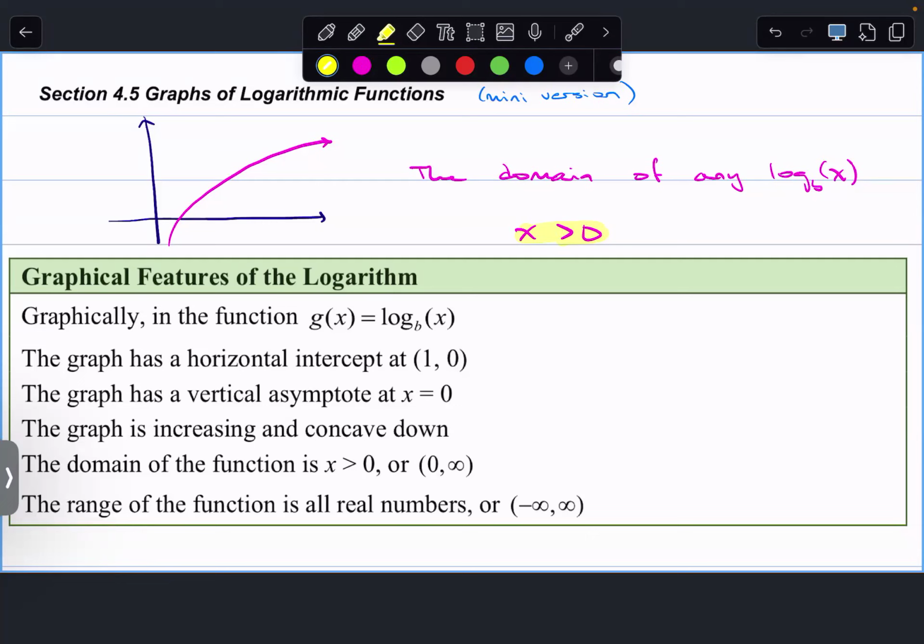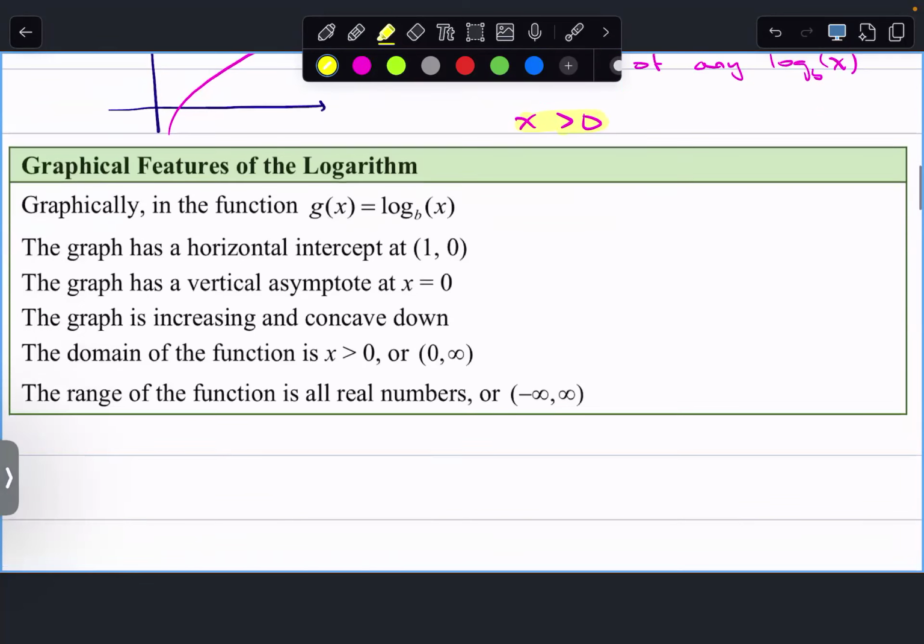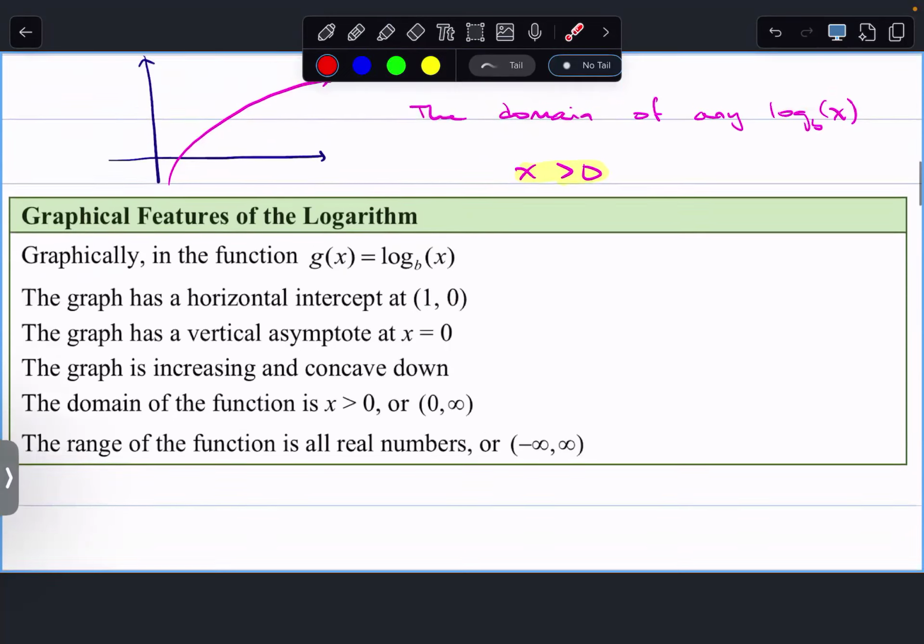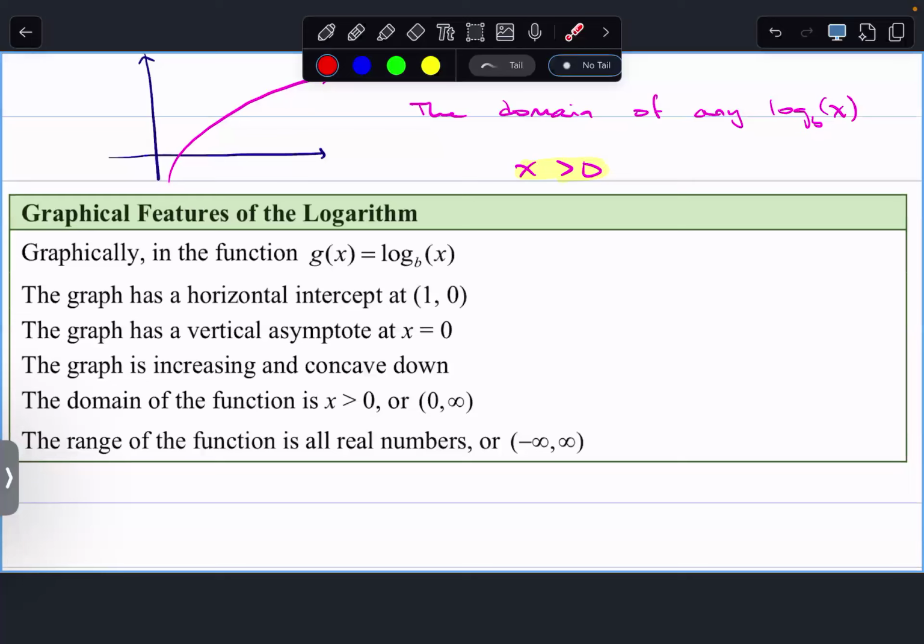And so in terms of the graph, all those rules are reflected in the graph. If you have a function log base b of x, then you have a horizontal intercept at 1, 0. So when x is 1, y is 0.